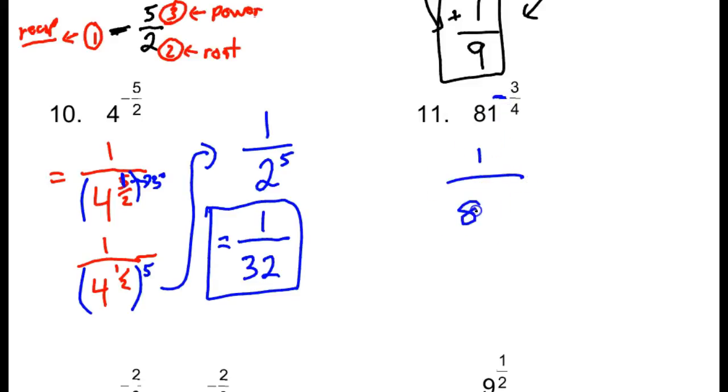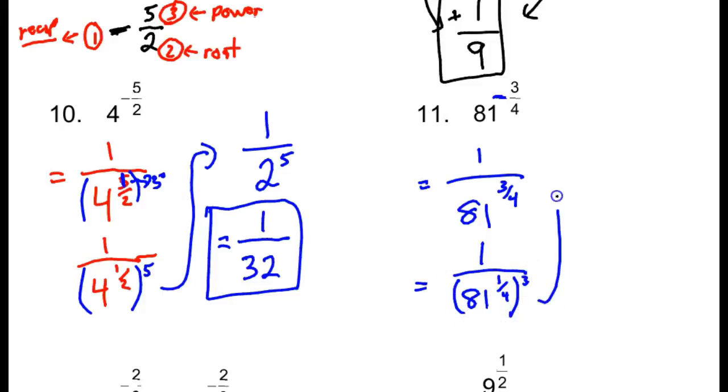1 over 81 to the positive 3/4. Break it up. We're going to do 81 to the 1/4, and then raise that answer to the 3rd power. Okay.